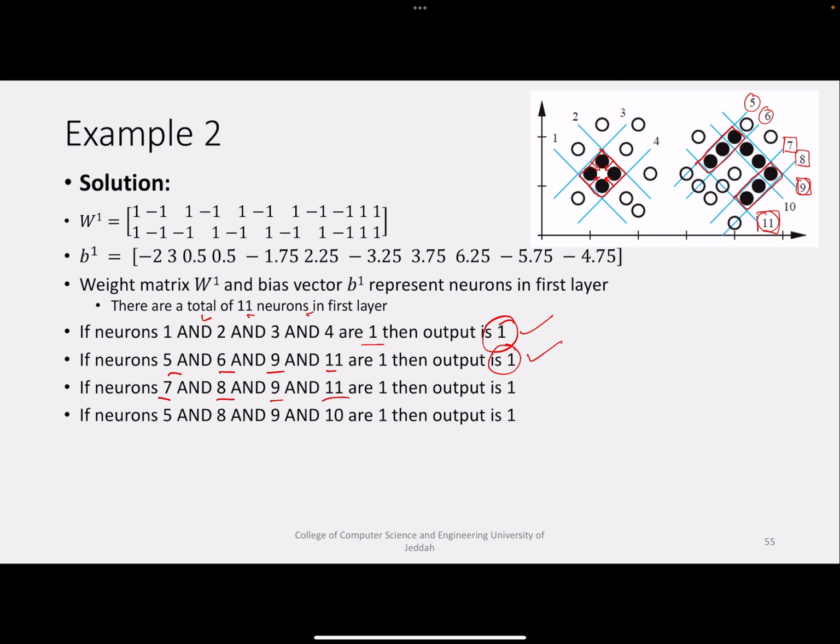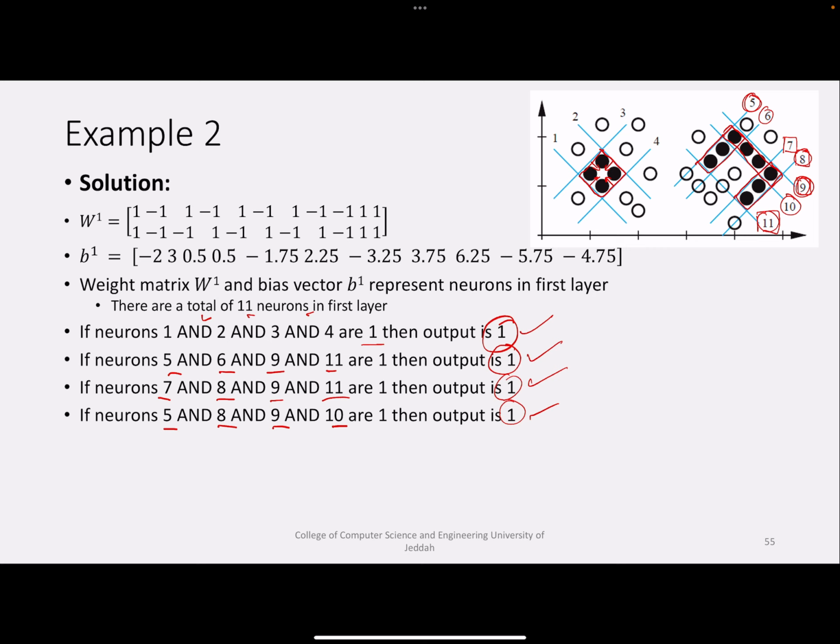And finally, if the outputs from neurons 5, 8, 9, and 10 in the first layer are all 1, meaning this bounded box over here, then that should also give us a 1 on a 4th output.